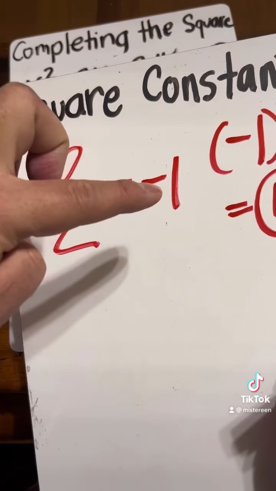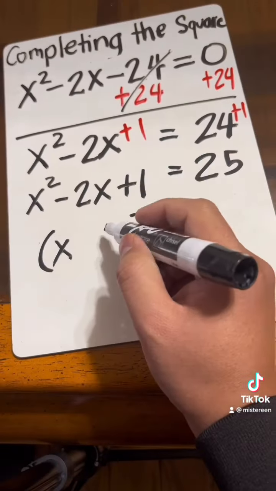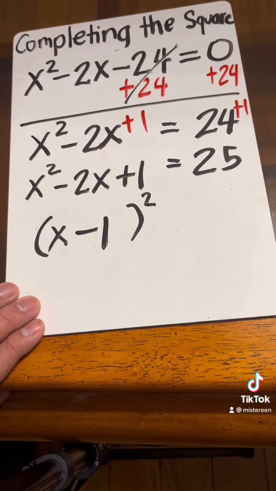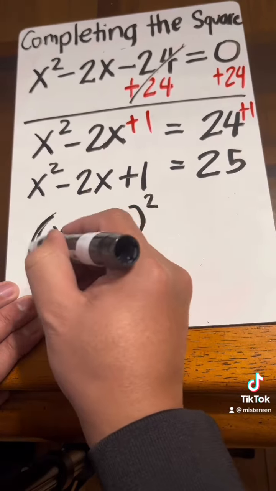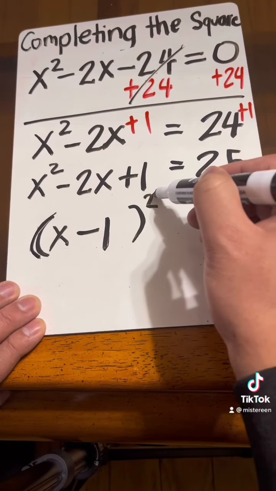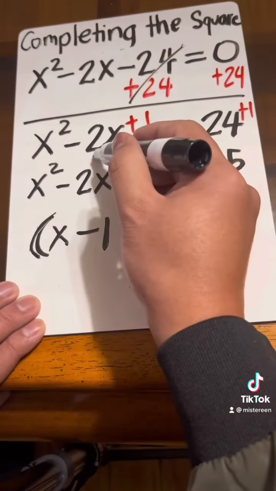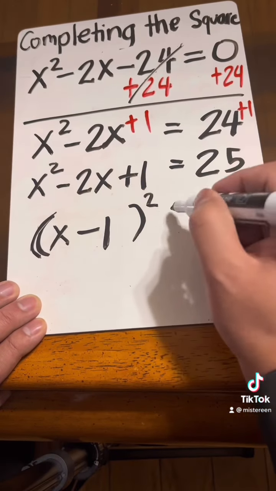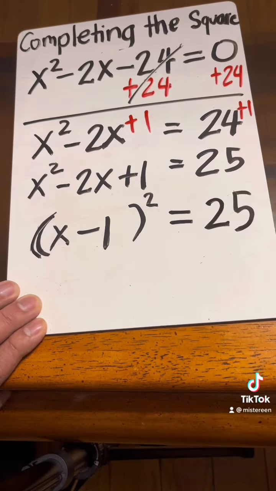The answer is negative 1. Then that negative 1 will go here. And then just put a square outside of the parentheses. So again, parentheses, x in front, and a square outside. And the number here is your b divided by 2. So b is negative 2, divided by 2 is negative 1. And then bring down 25 here.